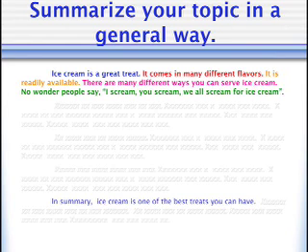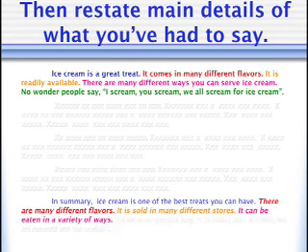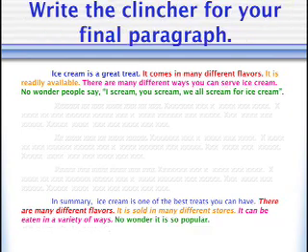And so we begin the clincher paragraph by restating the idea that ice cream is a great treat. Then we restate the first, second, and third reasons that were discussed in our essay. The clincher for this final paragraph is also the clincher for the entire essay. It will reiterate the main idea of the entire essay, which in this case is how terrific ice cream is.